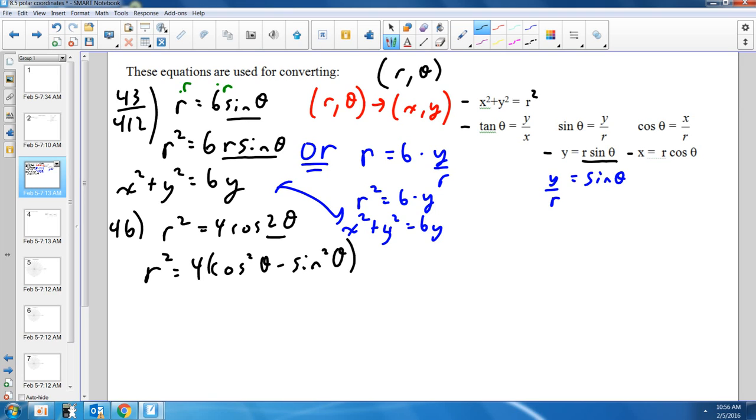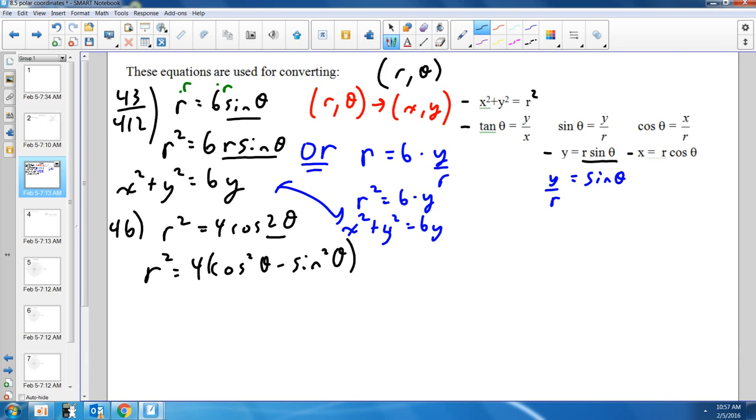The problem, again, is it has to be identical to what I have over here on the right side. It has to have an r in it. I can't just deal with this. Now, I could if I did the blue equation, but by thinking about it the way I did the first method up here, I have to put an r with that cosine squared.